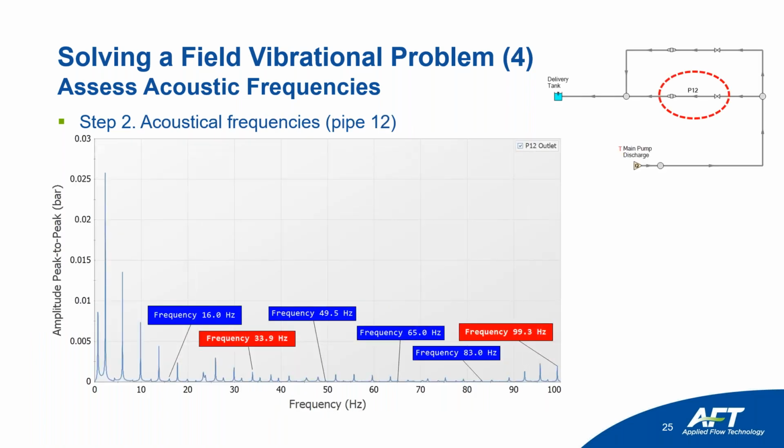From the acoustical simulation, we see that the most critical frequencies, or the highest, are 33 hertz and 99 hertz. For the rest, 16 hertz is present there. The acoustical natural frequencies are 16 hertz, 49 hertz, 66 and 83, but they're very low in response.